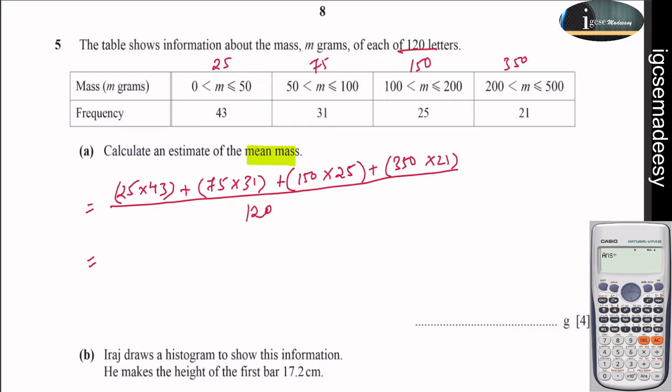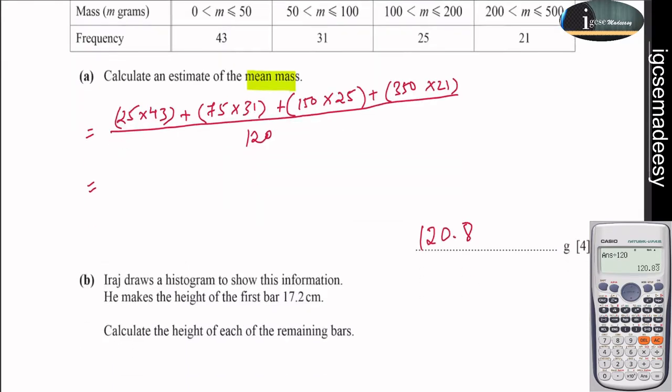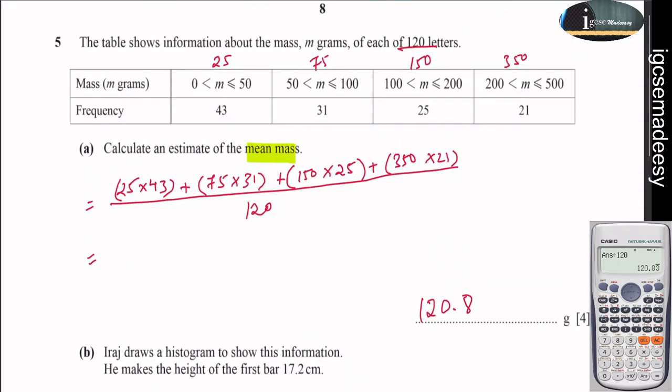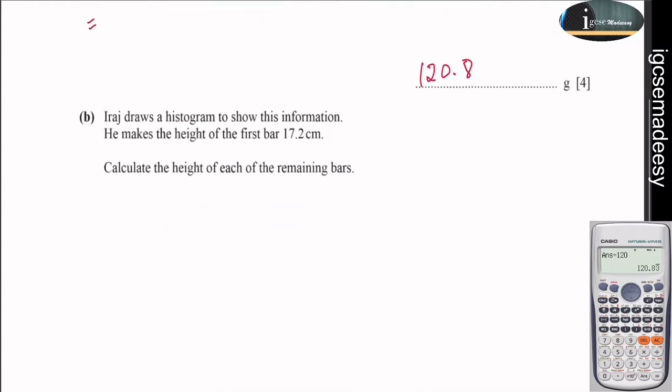If I divide it by 120, I'll get the answer. That is 120.8. So this will be the mean mass of each letter.